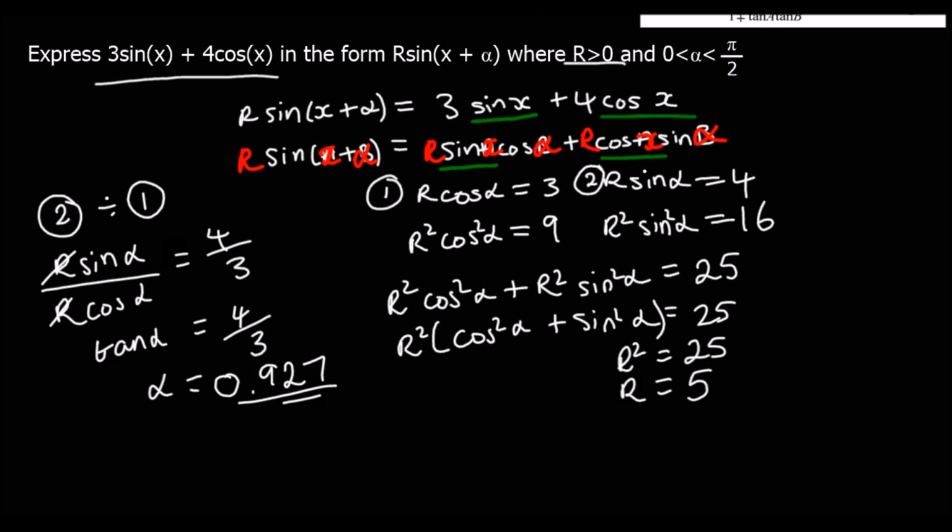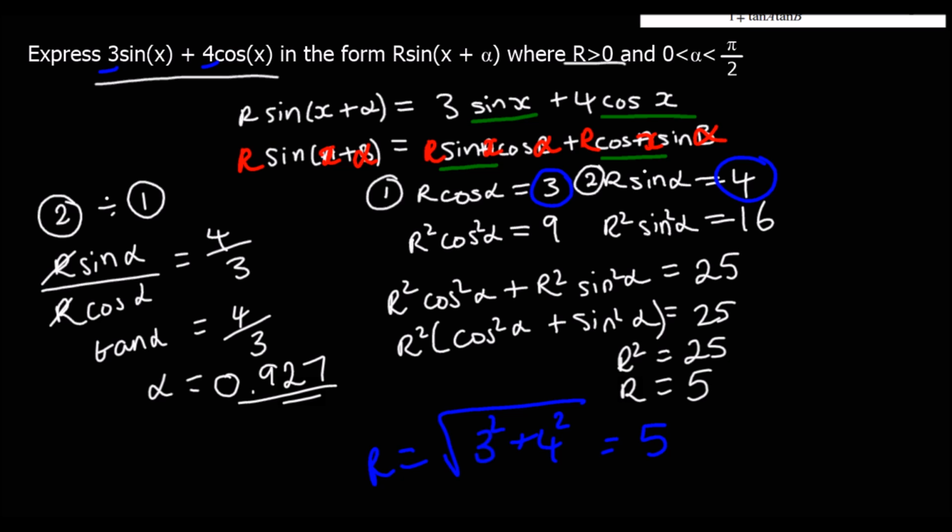So that was a long way. The quick way is to just take these two numbers, 3 and 4, square them, add them together, and square root. So we do Pythagoras on the two numbers that we get in the question, 3 and 4 in this case, square them, add them together, square root, and that gives us r.